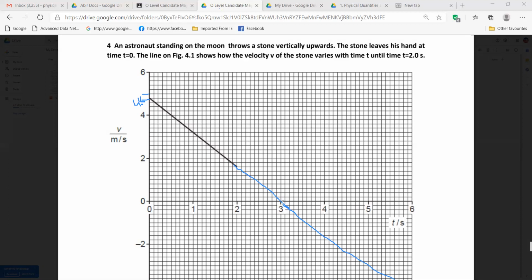So after reaching maximum height, will it stop there or will it return back? You are throwing one ball upwards, then when it reaches maximum height, after that it will return to your hand again, right? Yes, it will fall back.